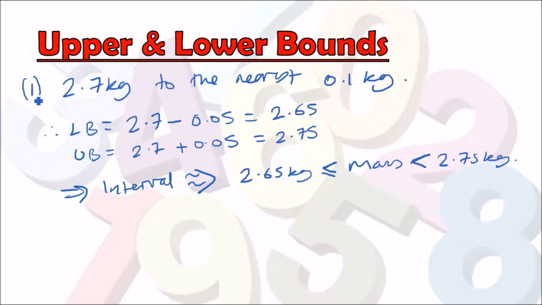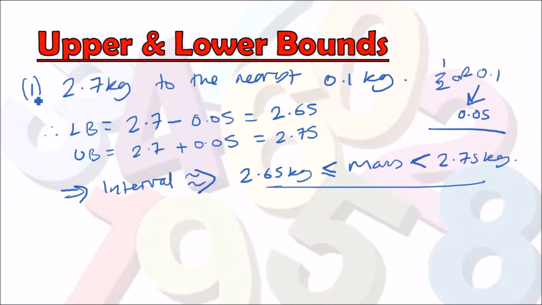The lower bound has less than or equal to because when you round up 5, this will go to 2.8, so we have to stay within. So this is just less than 2.75 and this is less than or equal to 2.65. That's really it. You just halve the unit: half of 0.1 is 0.05.